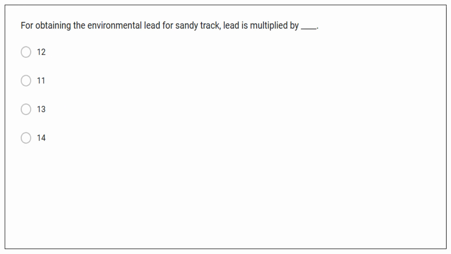The next question, question number 5. For obtaining the effective lead for sandy track, lead is multiplied by. Okay, lead is nothing but the horizontal displacement of the excavated material. In case of sandy track, the lead is multiplied by 1.4.